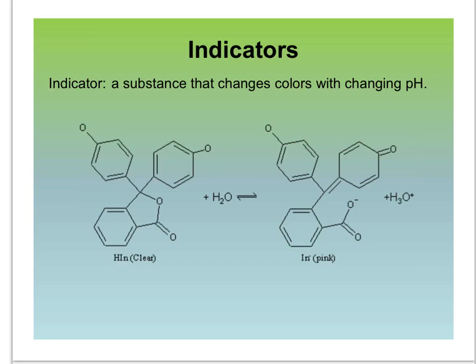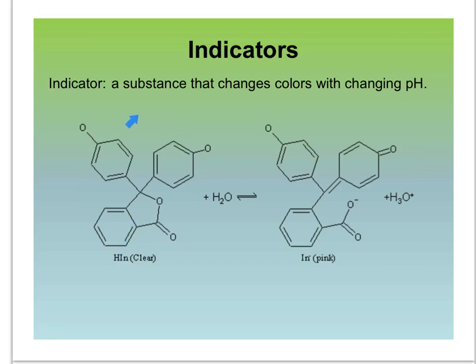But a lot of the indicators are big organic molecules that are weak acids. And a lot of the big organic molecules, if they have alternating double bonds like you see here, have a color to them.